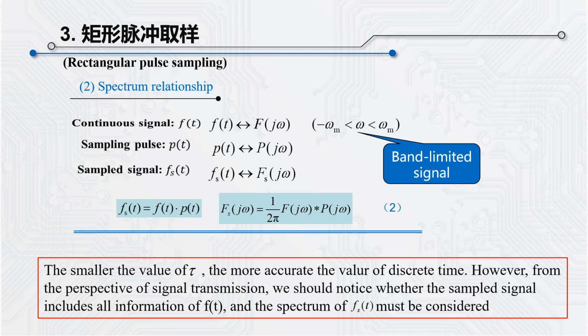However, in signal transmission, we should notice whether the sample signal includes all the information of ft. In this way, the spectrum structure of the sample signal must be considered. In fact, in order to ensure that the spectrum does not alias after sampling, the continuous system should be a band-limited signal.